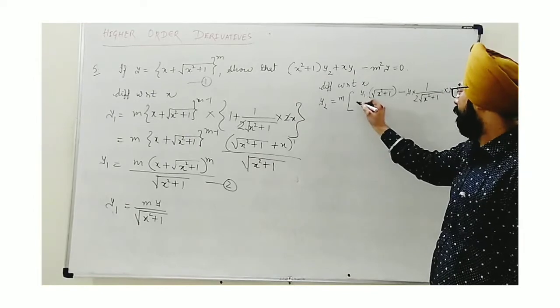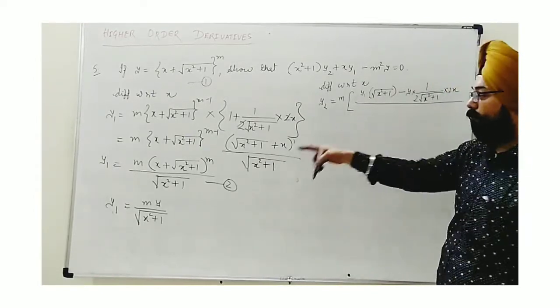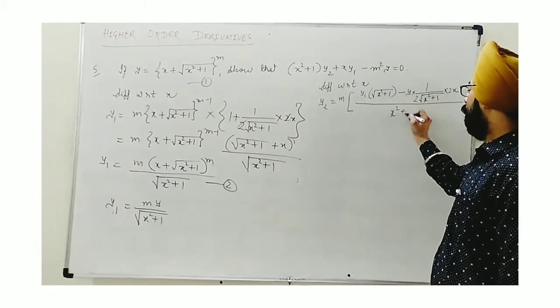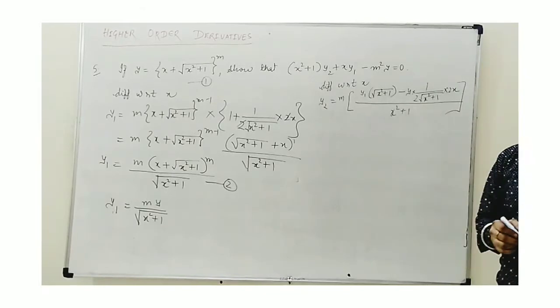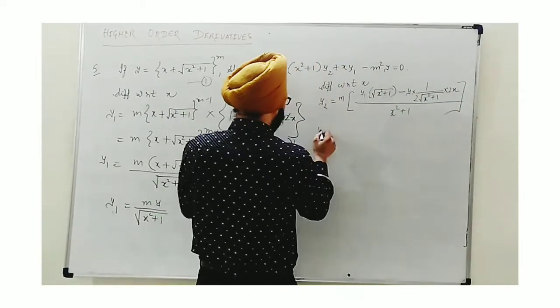In the denominator we have to write the square of the denominator. So square on this will eliminate the square root, so we have x² + 1.